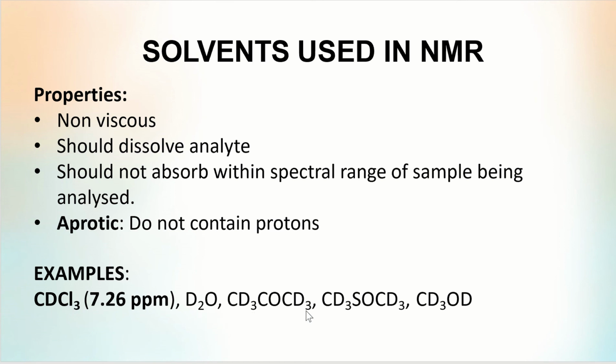And deuterated acetone, DMSO, that's deuterated dimethyl sulfoxide, and deuterated methanol. So all of these solvents are commonly used, but I suppose chloroform would be the most commonly used solvent to dissolve your sample so that you can see your sample peaks.